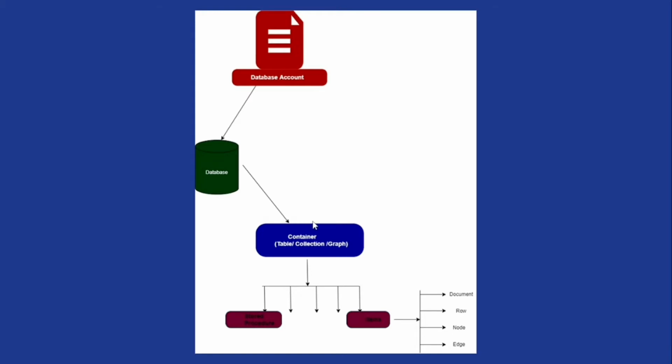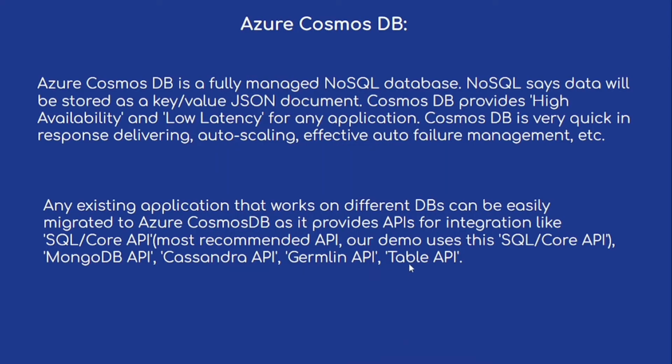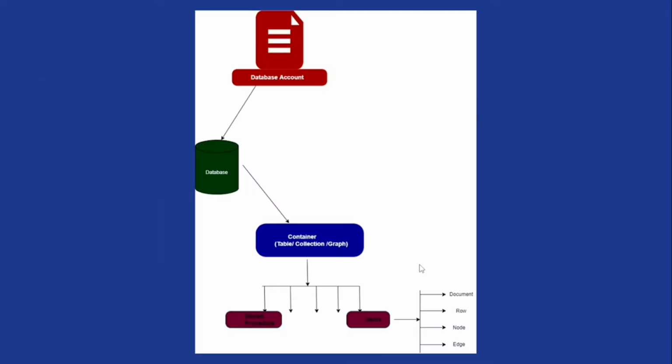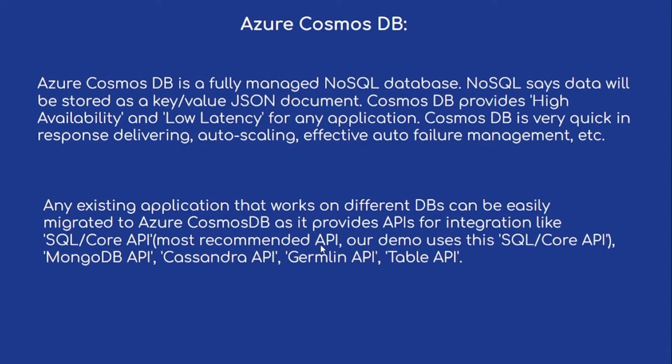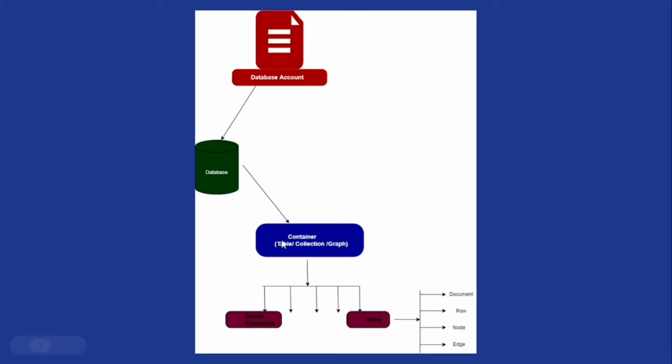This container can be thought of as a table, a collection, or a graph. Table means either SQL, when you are using an API like SQL Core, or the Table API. Collection means you are using the MongoDB API. So based on the API you are using, the container will vary.